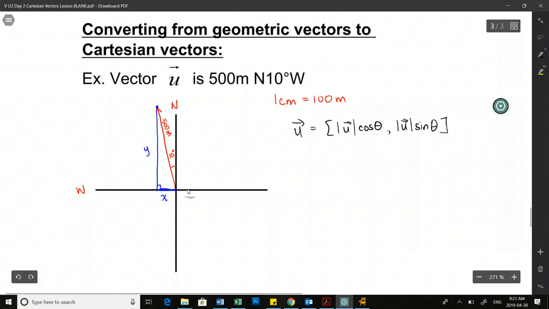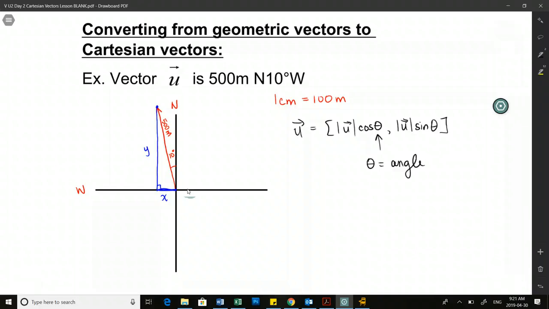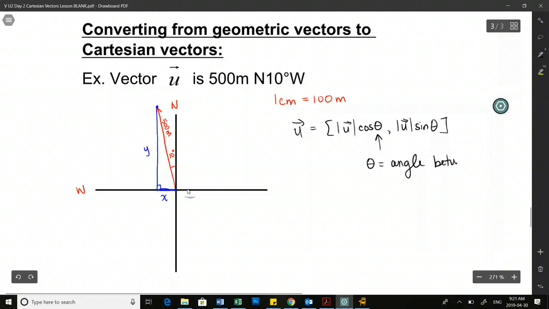And our theta here is 80, right? It's going to be the angle between our vector and the closest x-axis, just like we do in our trig when we're doing a reference angle with CAST rule. So our theta that we use must be the angle between your vector and the closest x-axis.